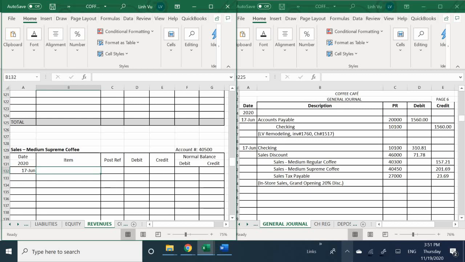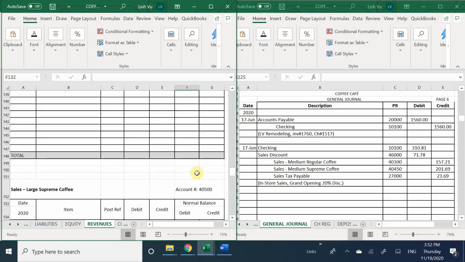Wait, what's the account number? I think it's got the wrong account number. Oh, okay, that's why I'm looking at hers on the screen. Is it 40450? It says 500 on our sheet.